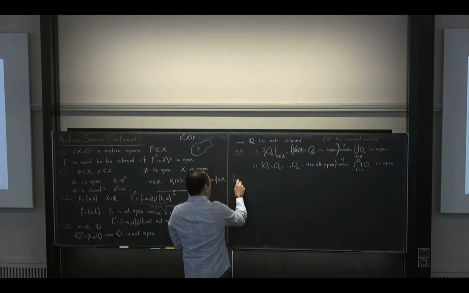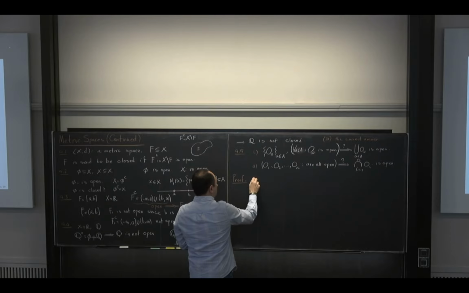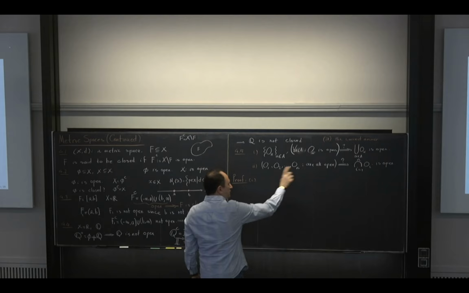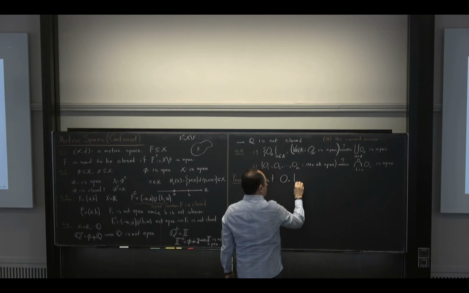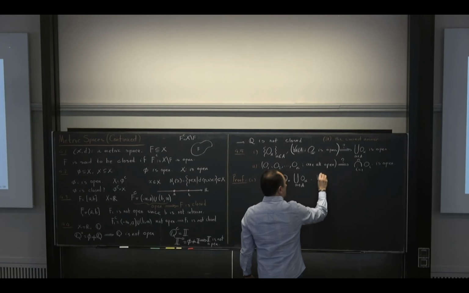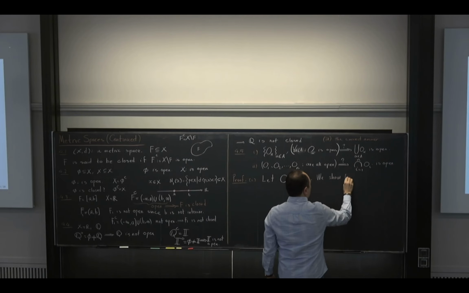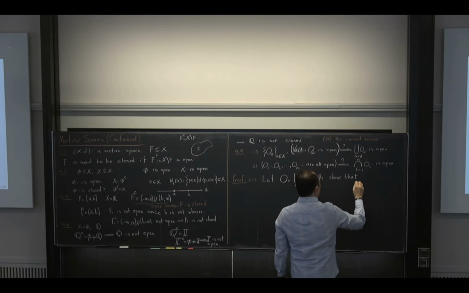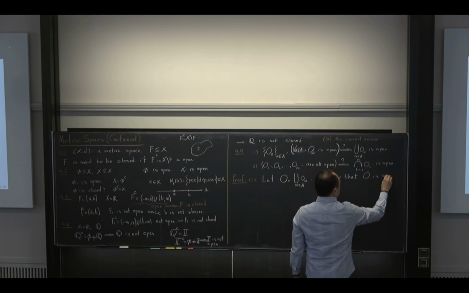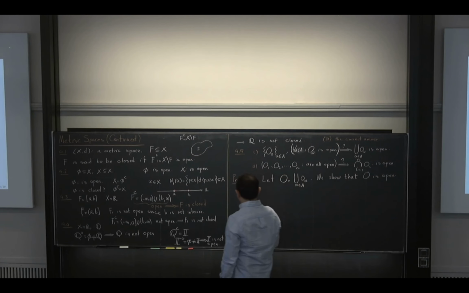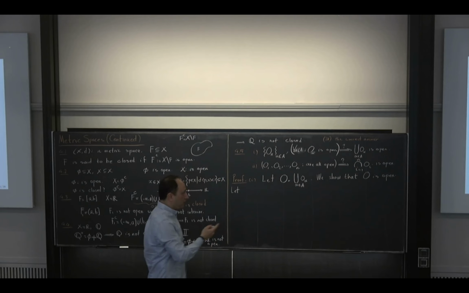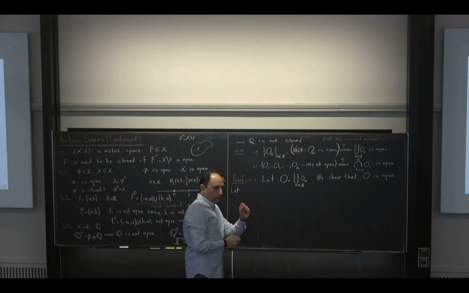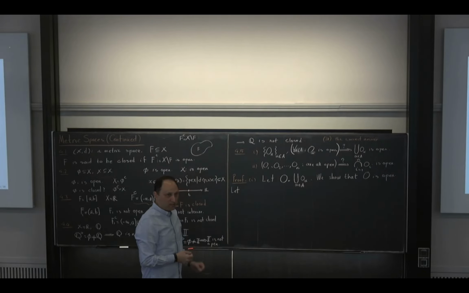So the proof of 1. For simplicity of writing, let me write let O be that set instead of writing so much. We show that O is open, but you help me. I want to show that O is open. What should I do? So I start with the sentence let. I want to show that a set is open. I have to show that every point in the set is an interior point.